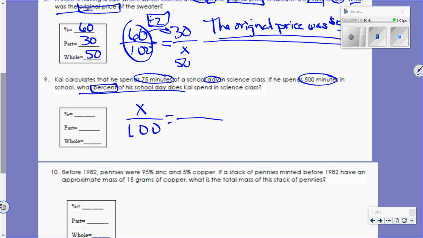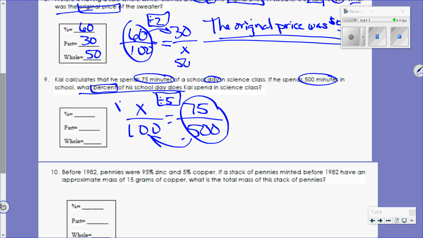That's what the question's about. What was my whole? So there's really not an of in this one. So 500, and my part was 75. Here's the key. Both my numbers are on this side now, right? So now I'm actually going to the left. How do I go from 500 to 100? Divide by 5. So it's 75. I divide by 5, and I get 15.